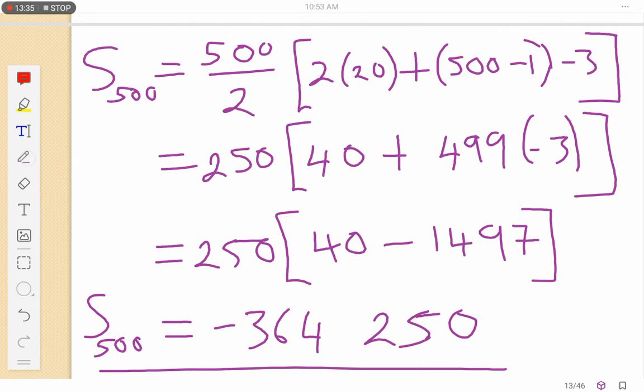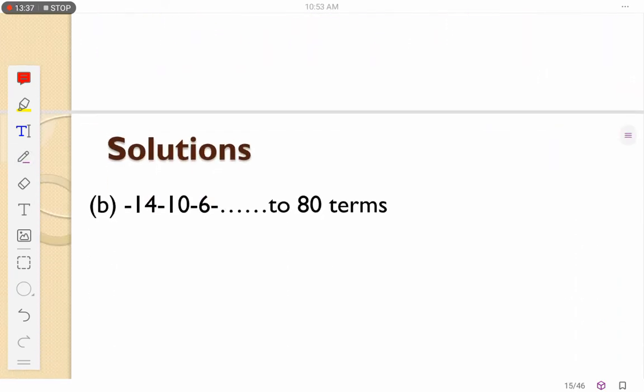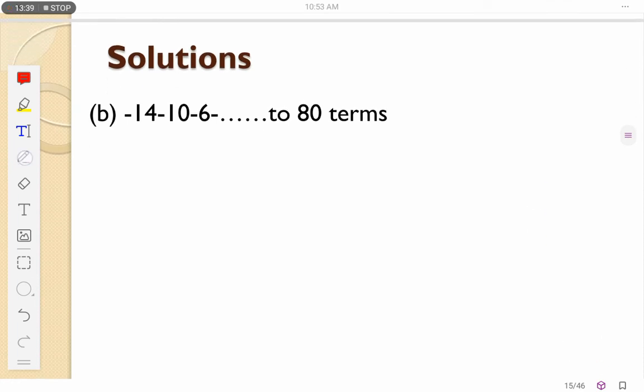Let's go to the second question. We have the first term, this is my T1, T2, T3, and so on, and we have n terms there as 80. Now we want to see, is it an arithmetic series or a geometrical series?